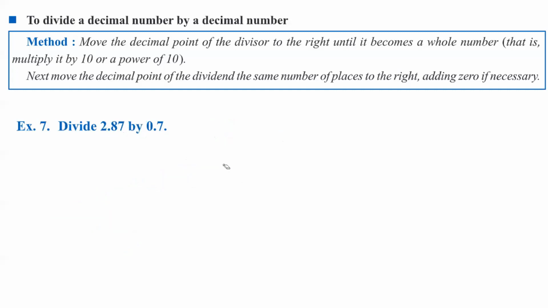Or in another way, I can directly write 2.87 divided by 0.7 in fraction form. For some of you, it may be even easier, because I said I should convert this 0.7 into a whole number, so I should multiply it by 10. And whenever you multiply the denominator by 10, to not make any change in the number as a whole, I should multiply the numerator by the same.